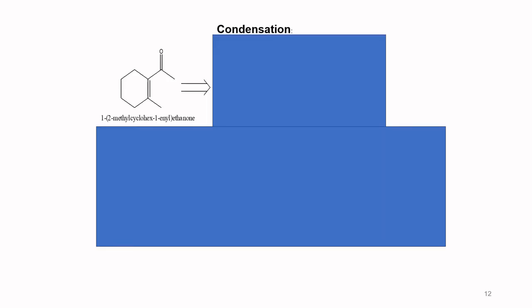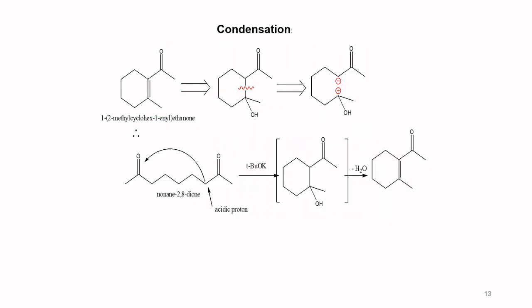We can look at another example where we have a diene plus ketone. How are we going to make this compound? The first step requires us to do FGI, meaning whenever we have a double bond, we need to convert it to OH first.